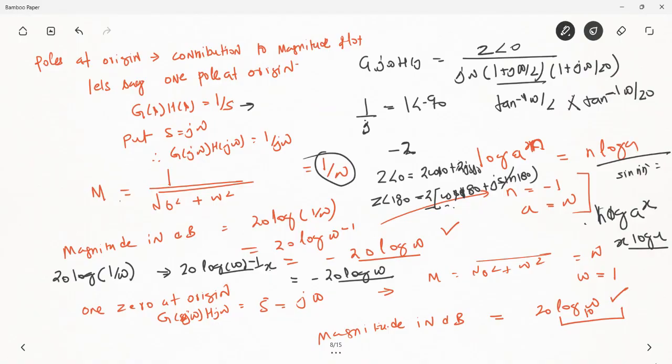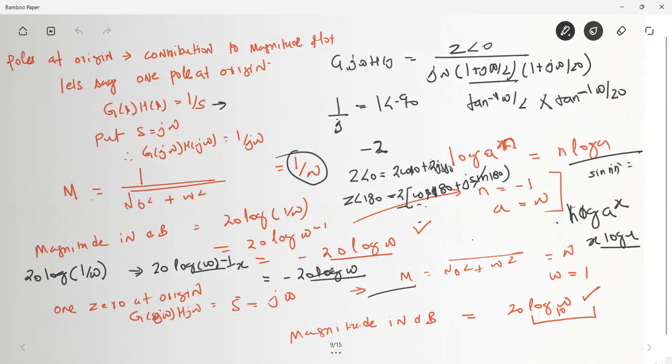You will get 20 dBs. Log 10 is equal to 1, because you are doing 10 to the base. So this will contribute 20 dBs. So that means a pole is always contributing minus 20 dB.